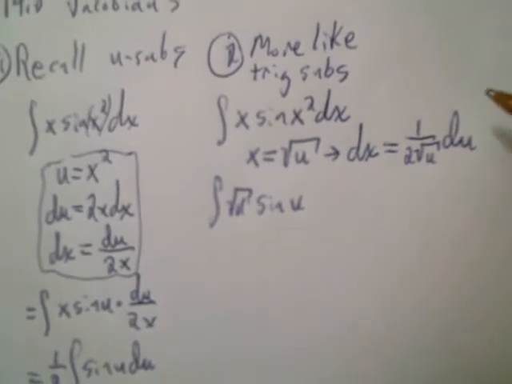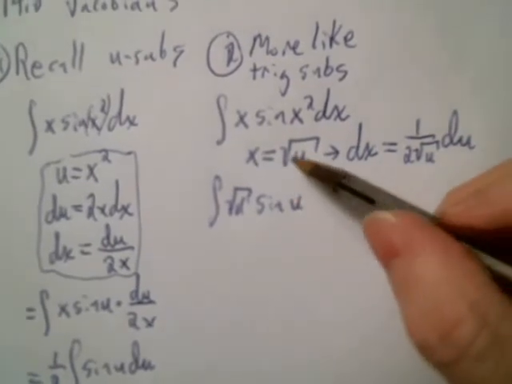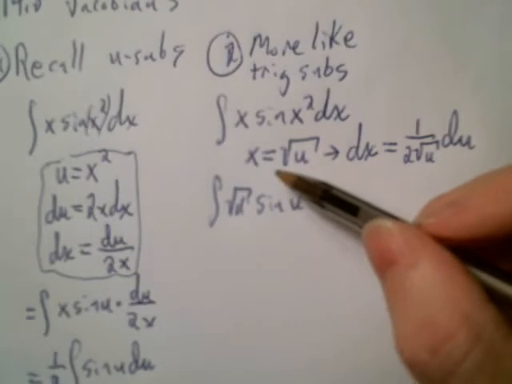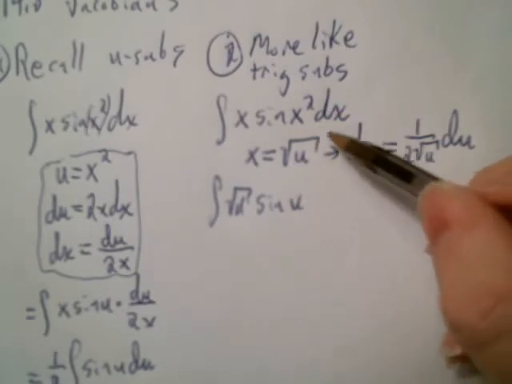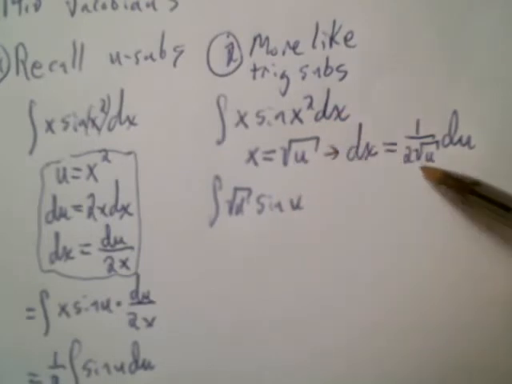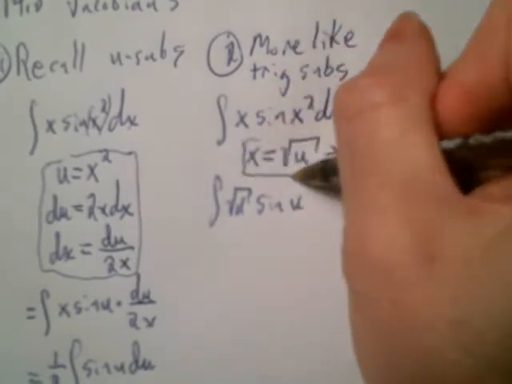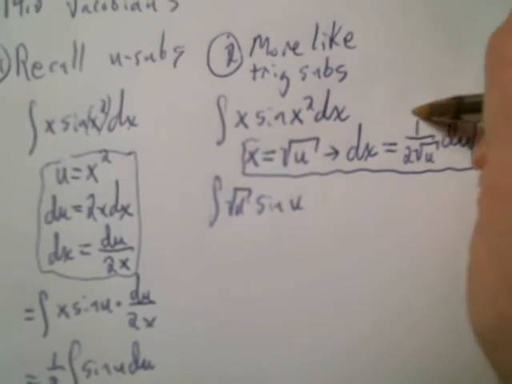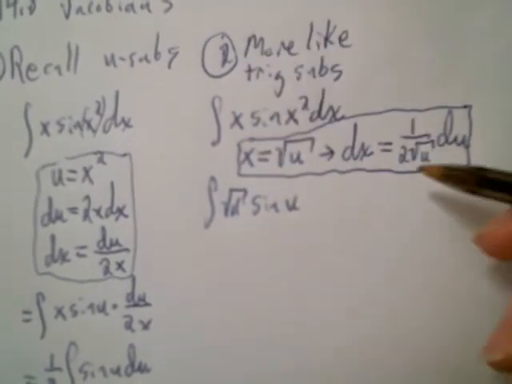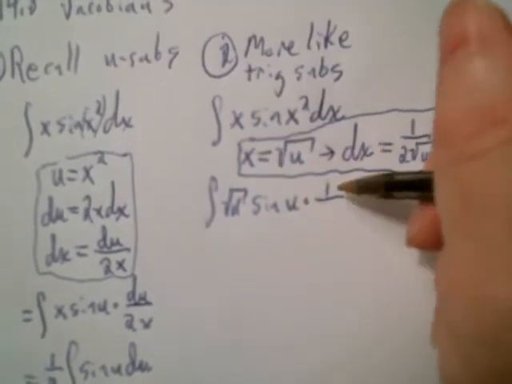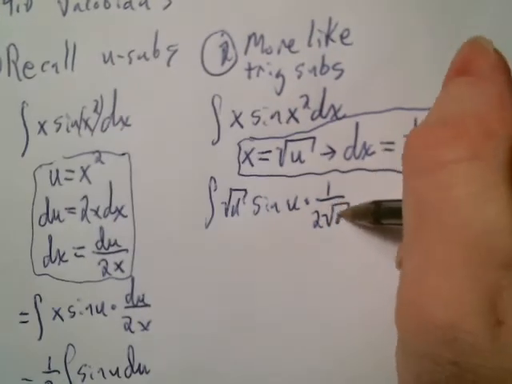So the derivative of the square root of u, just think of it as u to the 1/2, bring down the 1/2, it'll be u to the negative 1/2, and then drop the u to the negative 1/2 in the denominator. So this is basically your second kind of U sub, and you have the same result.